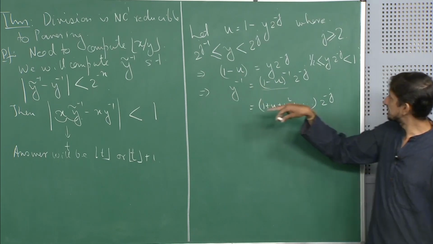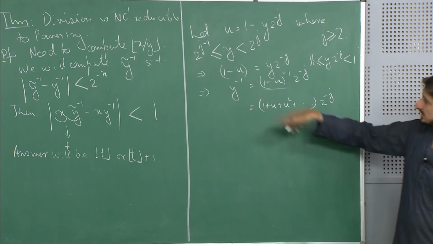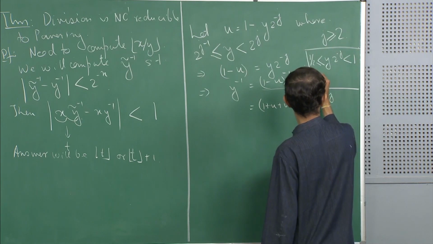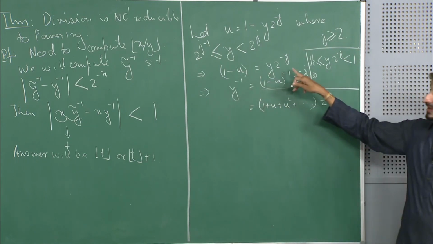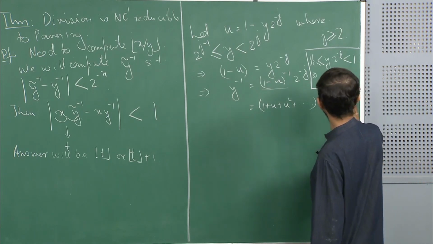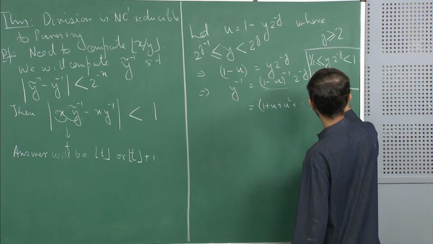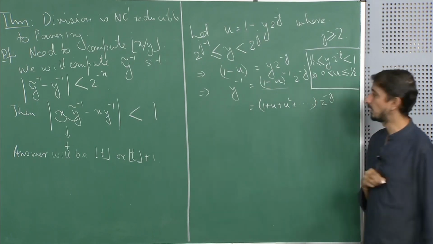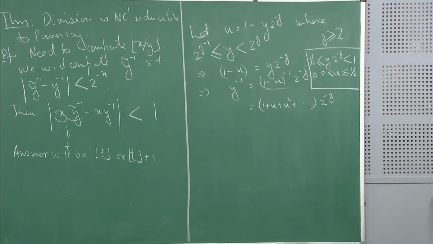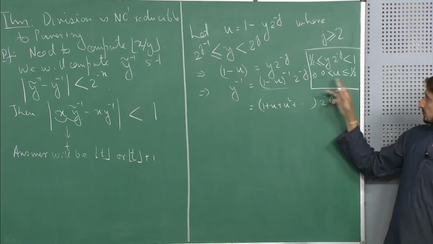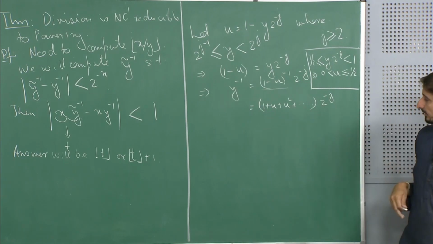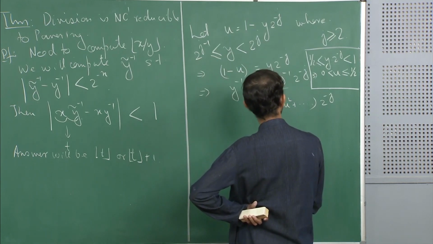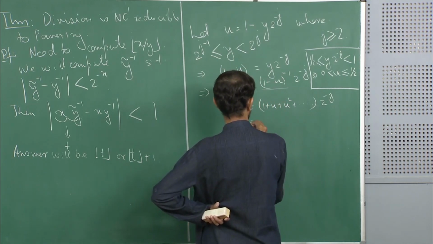So, essentially 1 minus u lies between half and 1. What does it say about u? If 1 minus u lies between half and 1, it means that u is greater than 0 and less than or equal to half. So, u is less than or equal to half. Now we can come back to this.